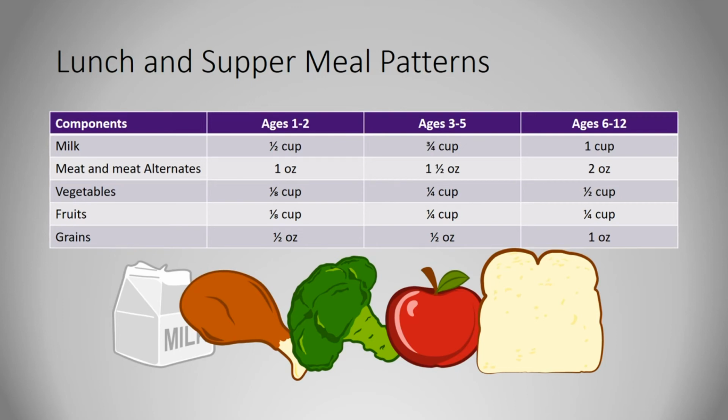This means that at least the minimum amount must be served for each required component. Again, milk, meat alternates, vegetables, fruits, and grains are all required components for lunch and supper.